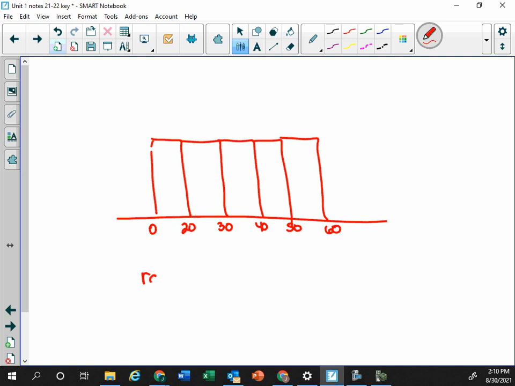The range is still potentially 60, right? Because it'd be 60 minus 0. Does that make sense? Yeah. It's just bringing up mode. You have the same count in each of these groups, is what's happening there. Okay? Yeah. So it's kind of weird.